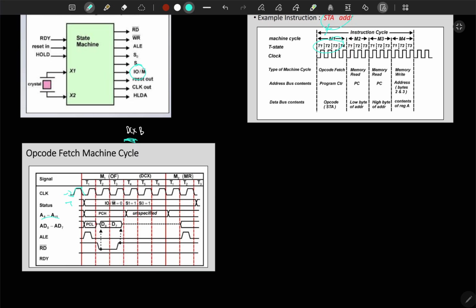Now A8 to A15 is for the higher program counter, we call it PC high, meaning the lower byte and higher byte. Okay, so it's for the high. Now AD0 to AD7 with ALE, meaning active latch enable was high, is used for the lower byte, then here we use it for the higher byte.